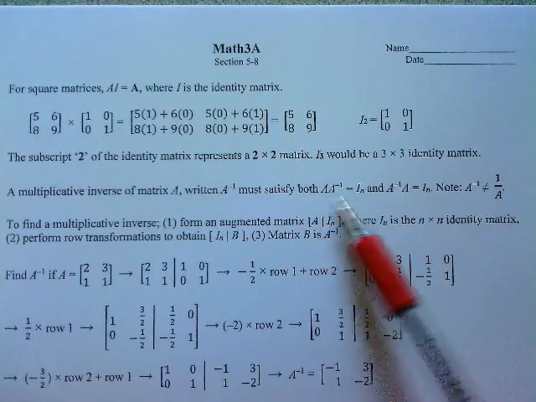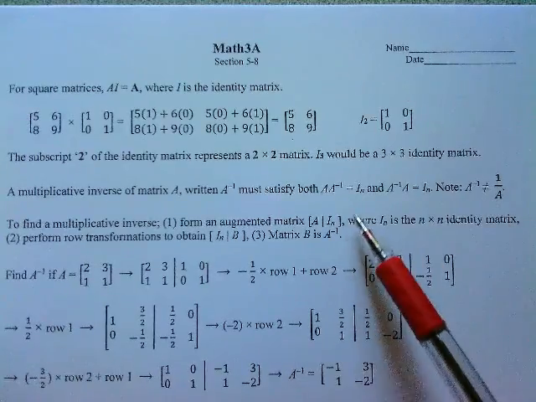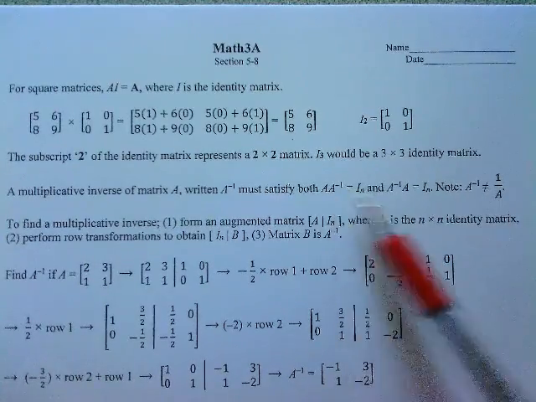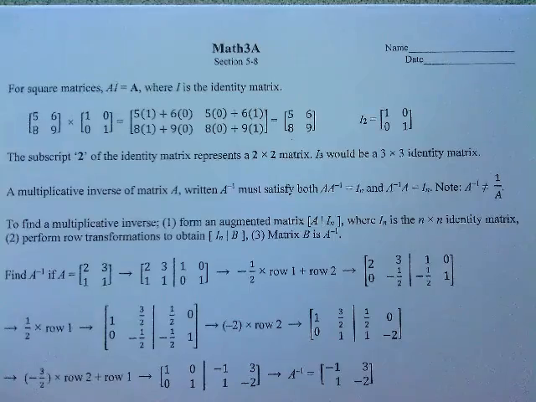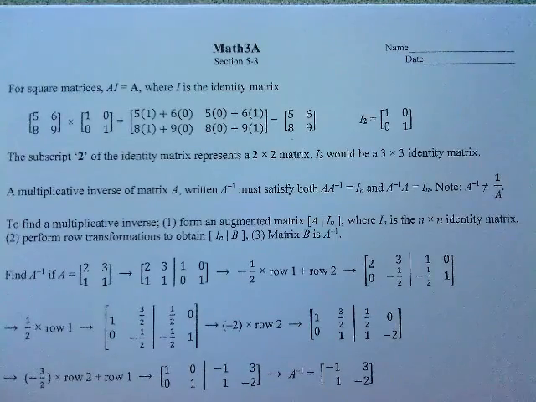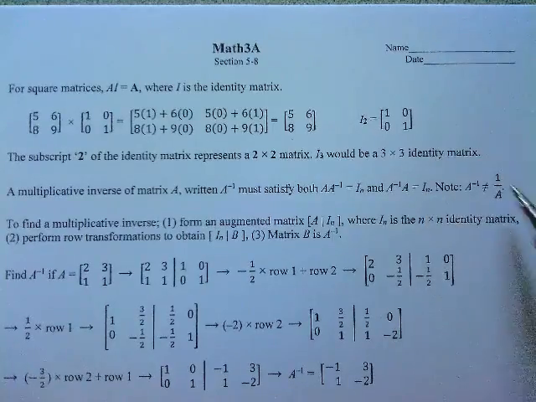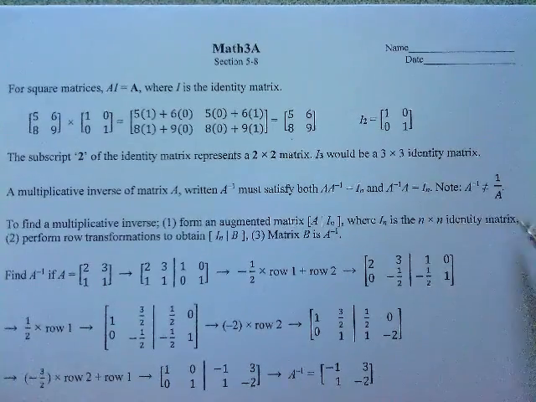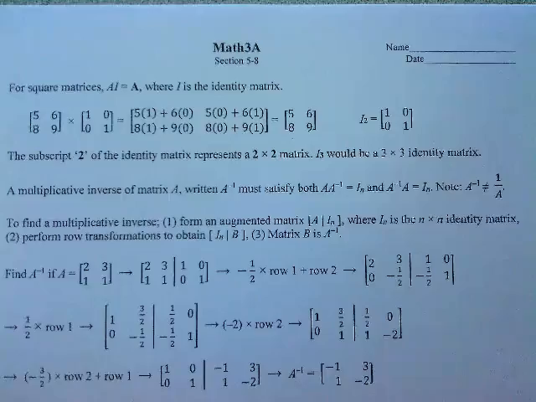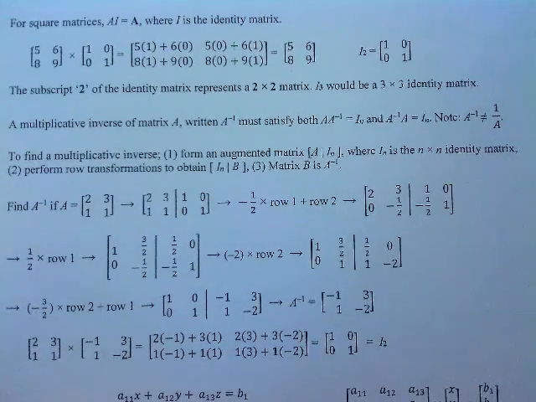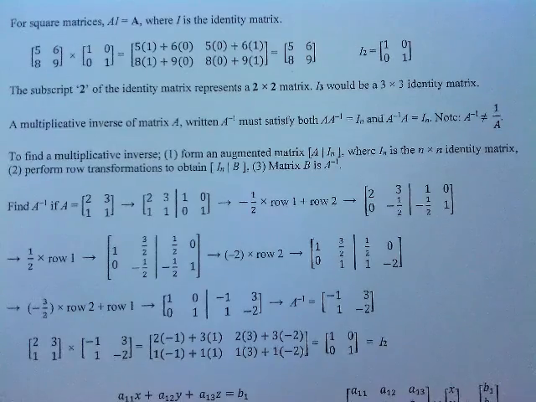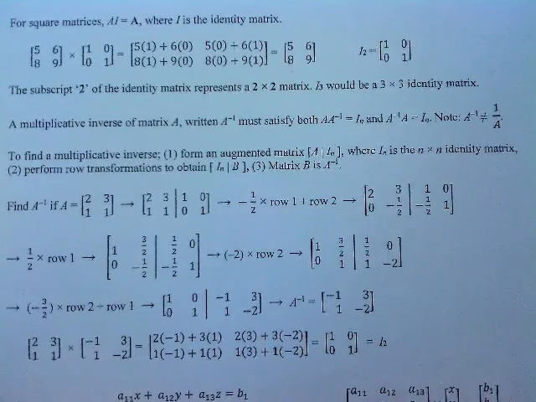Is it 2 by 2, 3 by 3, or so forth? And in this particular case, it does not matter what the order is between the two matrices. They will give me the identity matrix. And again, that -1 does not mean 1 over. It means inverse.